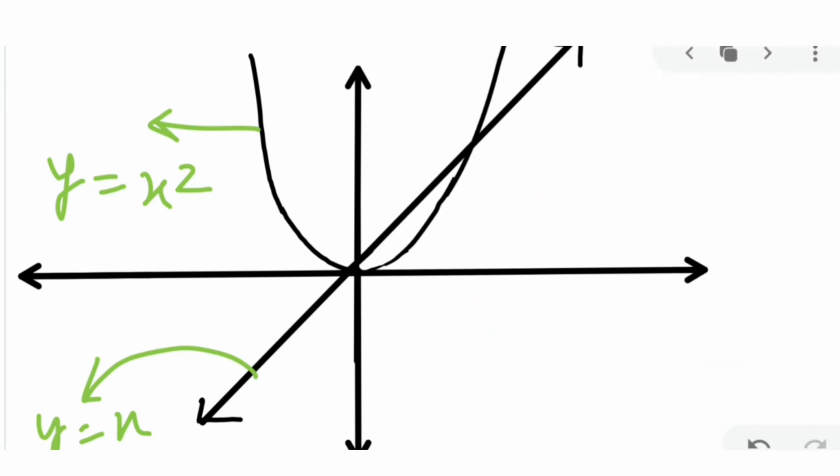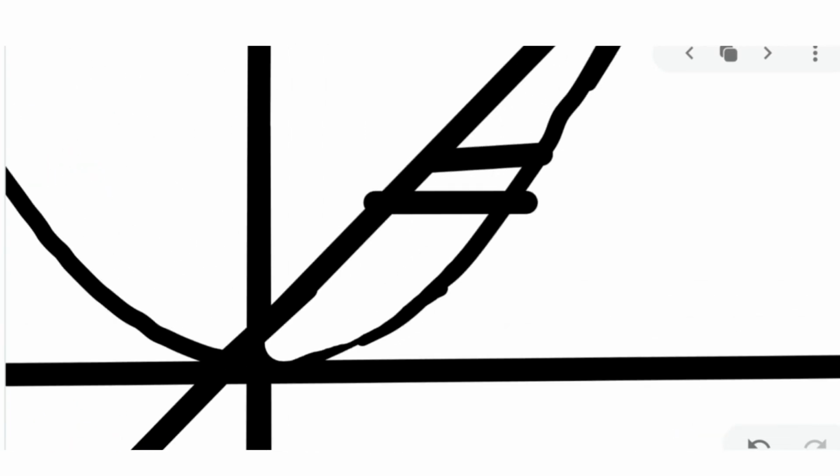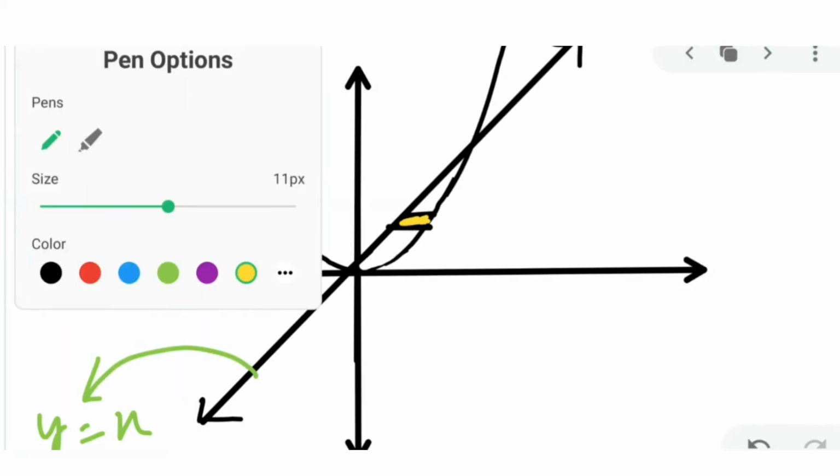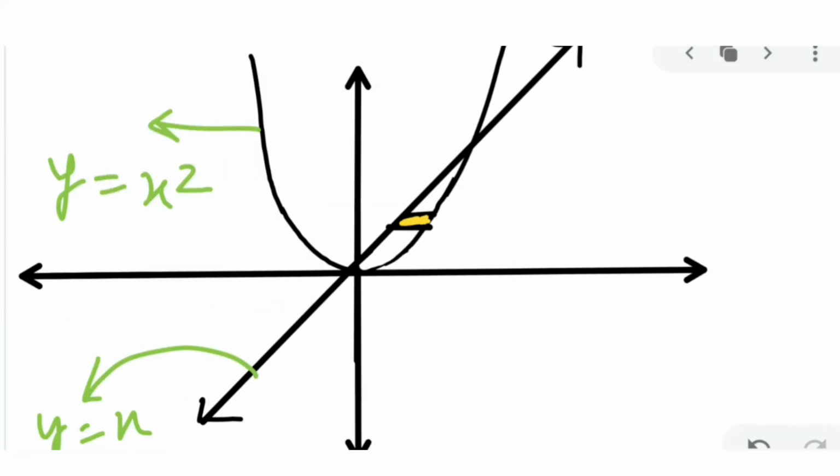So this was the graph, right? Now we will be taking the horizontal strip. So let me draw it. This is the horizontal strip taken. Now we will extract the limits here, that is the limits of the strip, which will be the variable limits.